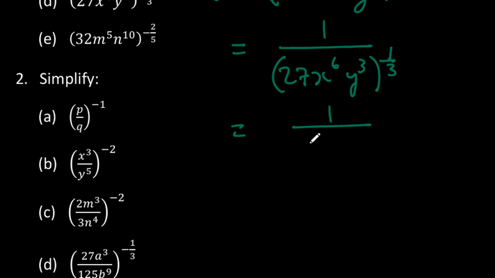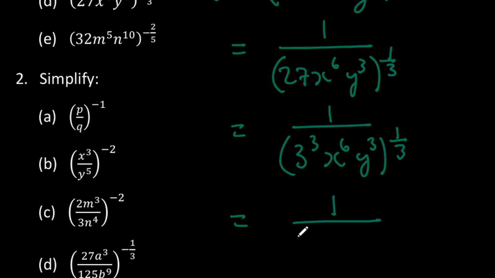So we know that 27 is 3 cubed. And now, since we have brackets, we multiply the powers. So 3 times a third is 1, so we're left only with 3. 6 times a third is 2, so it's x squared. And 3 times a third here will give us 1, so we'll have y.